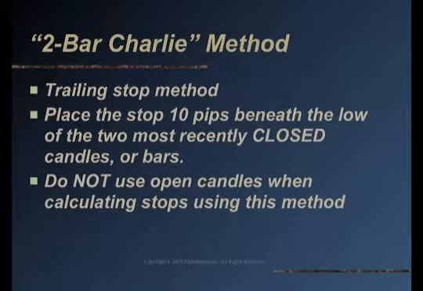It is a trailing stop method and is designed to be used when the market is trending. What we'll do is we're going to place the stop 10 pips beneath the low of the two most recently closed candles or bars. We will not use open candles when calculating the stops for this method. Now, why? How come I can't use an open candle?